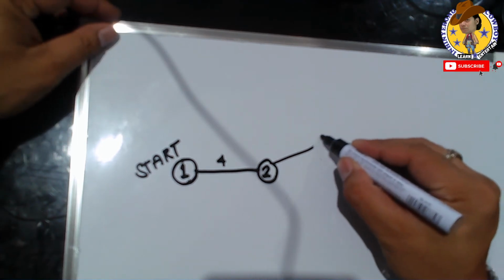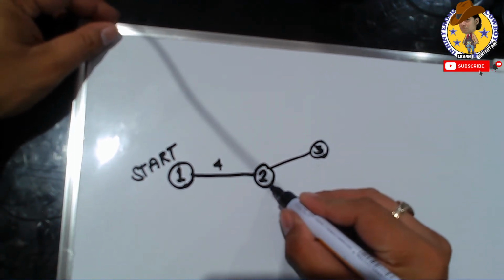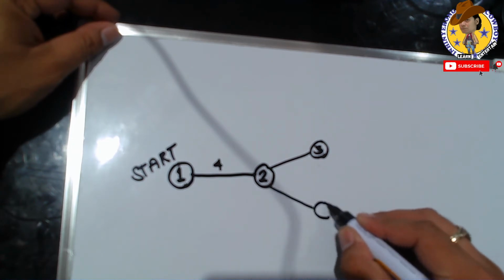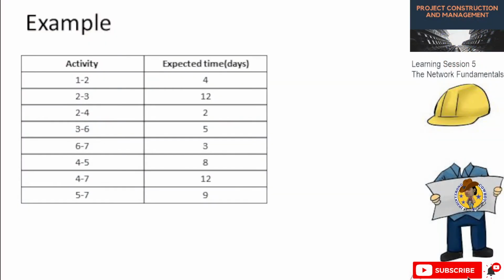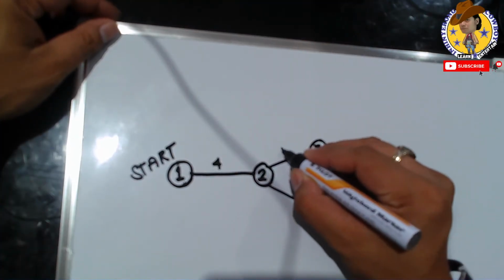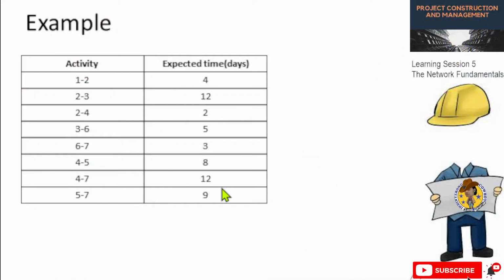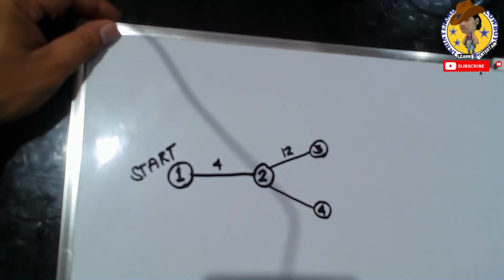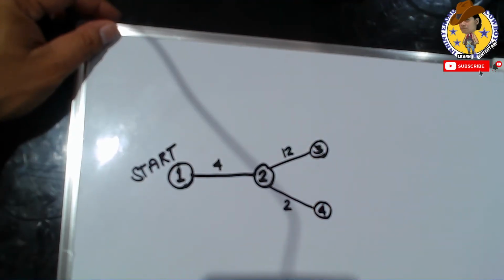We have 2 to 3, and 2 to 4. So let's check. 2 to 3 is 12 days, and 2 to 4 is 2 days. This is 2.